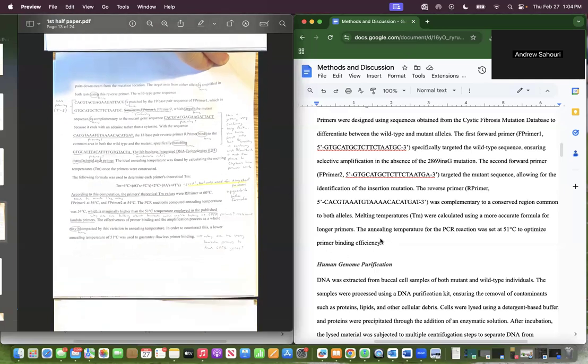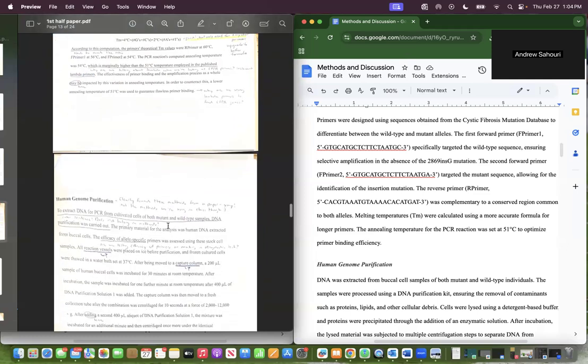I just added that the annealing temperature for the PCR reaction was set at 51 degrees Celsius to optimize primer binding efficiency. A lot of this was confusing and not necessary because we're not talking about lambda primer, so I just put this to basically summarize it.